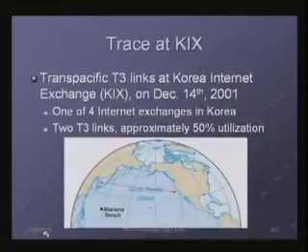Later on, fortunately, we got our hands on some trace. It was the trace from 2 T3 links connecting Korea's Internet Exchange and the United States. Korea Internet Exchange is one of the 4 major hubs for the Korean Internet.